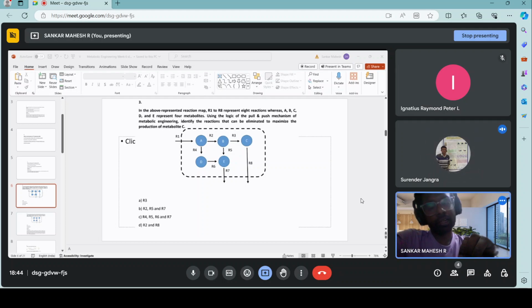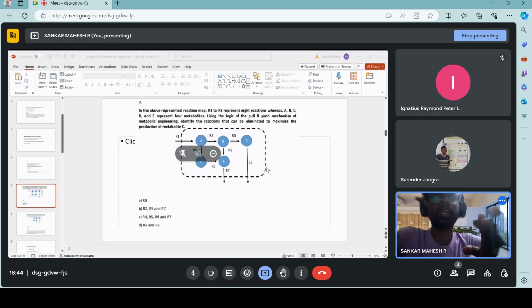Yeah, so let's talk about the aspect in which reactions and metabolites are affected by metabolites themselves, because that's what we are doing here, like elimination of reactions. So if we block reaction R8, what would happen and how would it affect usually in metabolic processes? If you have an idea, you can share about that.